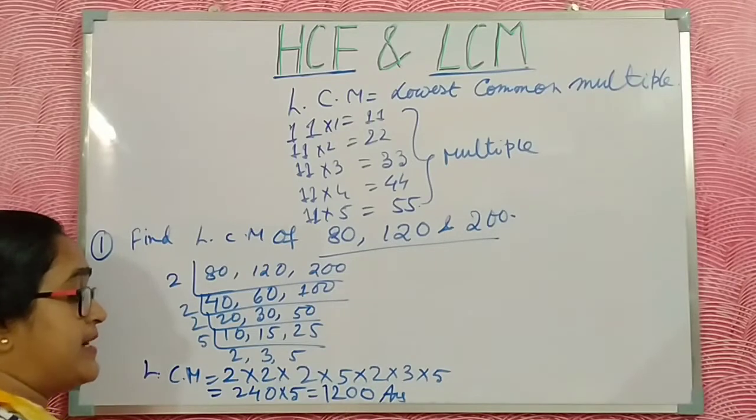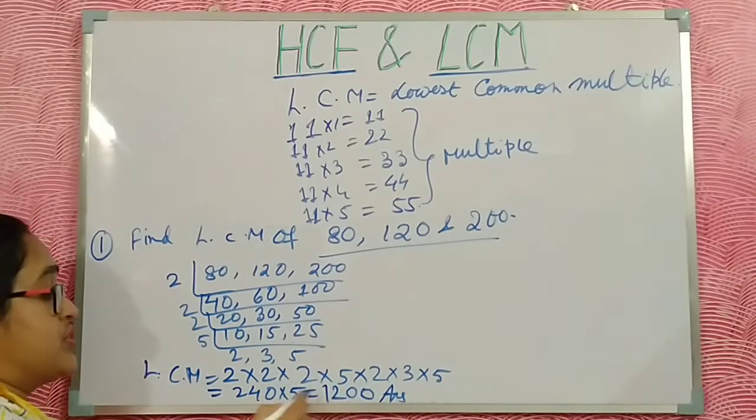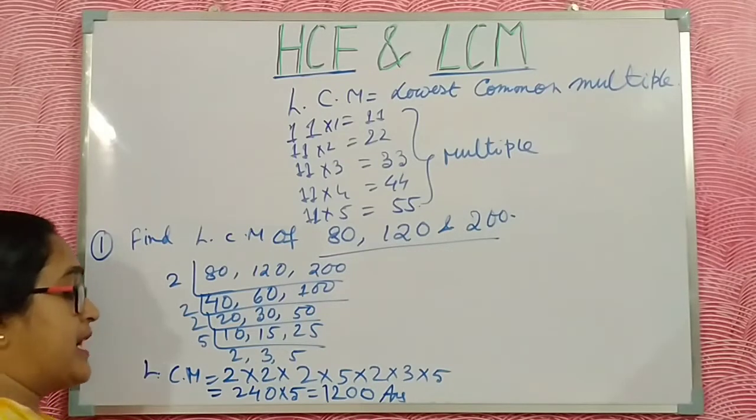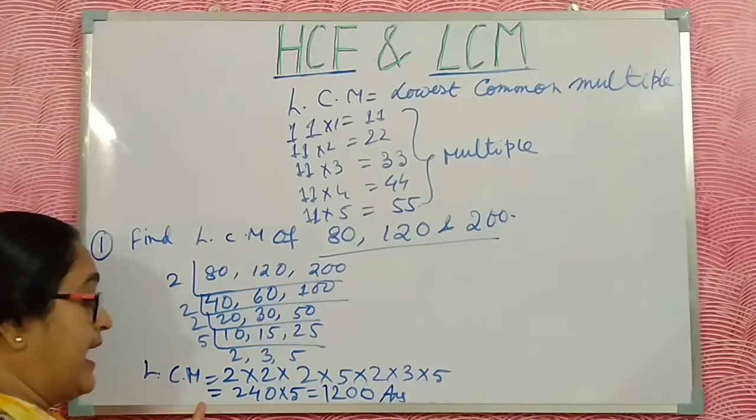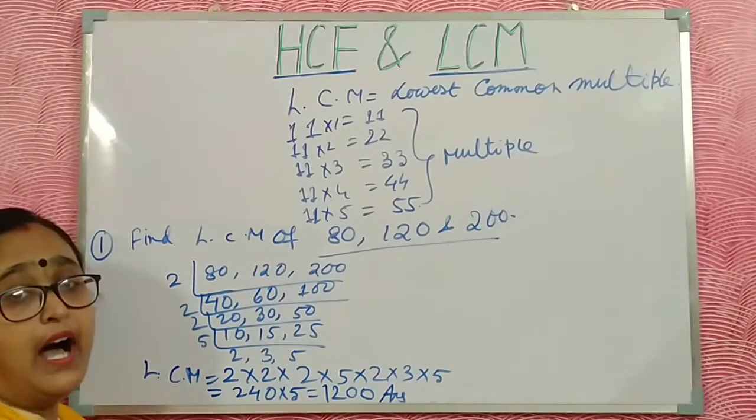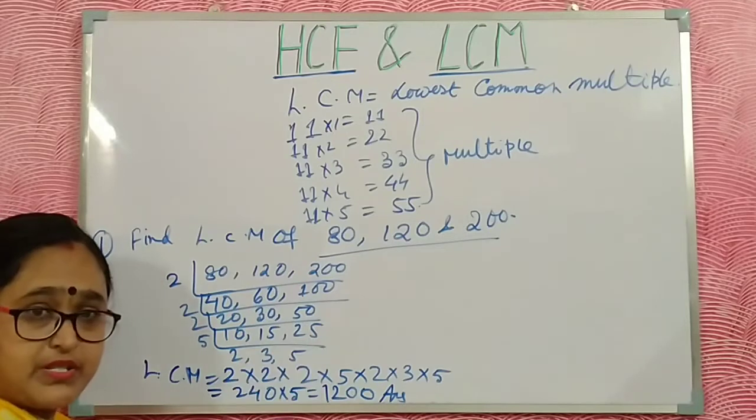Then you multiply 240 by 5. 5 zeros are 0, 5 fours are 20, 2 carry, and 5 twos are 10 and 2 is 12. So the LCM of the 3 numbers is 1200.